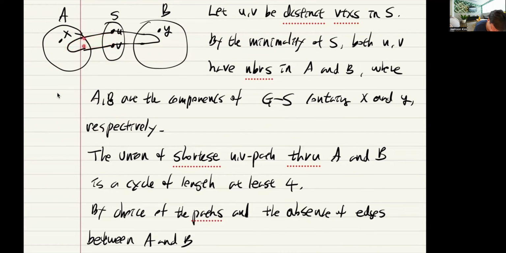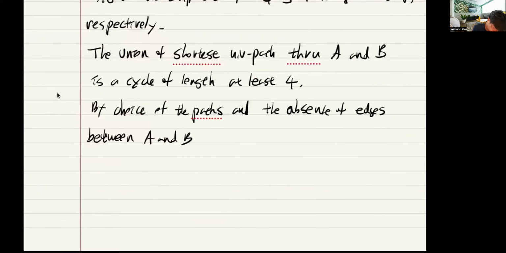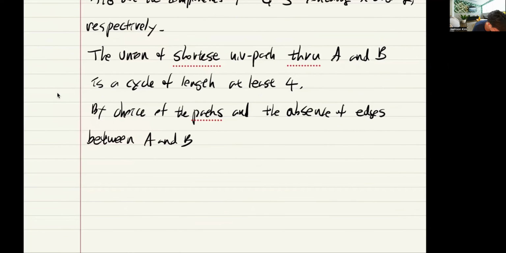There are no edges between here or here, and there are no edges between here or here or here, and there are also no edges between here and here because there are no edges between A and B. So the only possible chord is UV; this cycle has no chord other than UV.